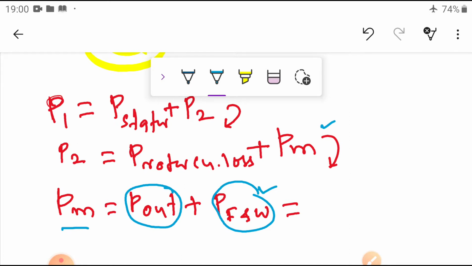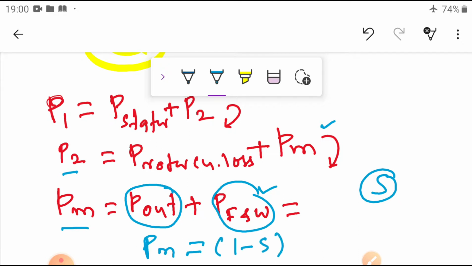Based on the relation, we are going to calculate it. First I require P2. The speed is also given, so I can find the slip. Then PM is equal to 1 minus S into P2.